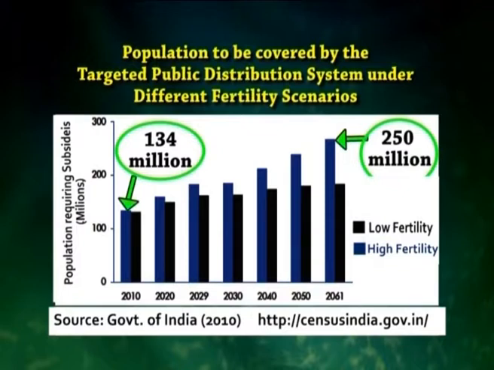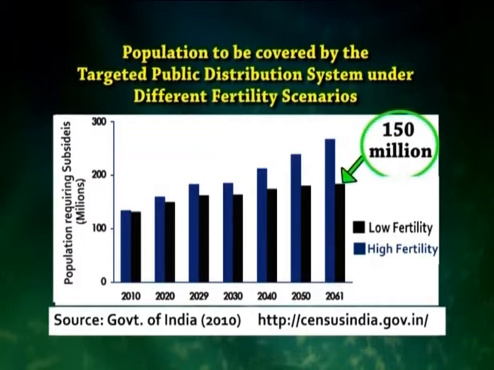The figure shows that in order to provide food security to the poor, the population covered by the targeted public distribution system will increase from 134 million in 2010 to more than 250 million in case of high fertility scenario and about 150 million in case of low fertility scenario in 2060.